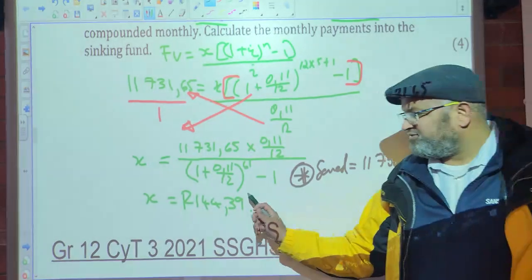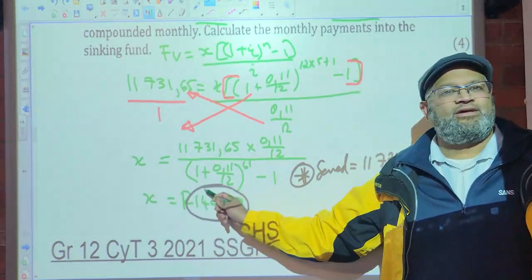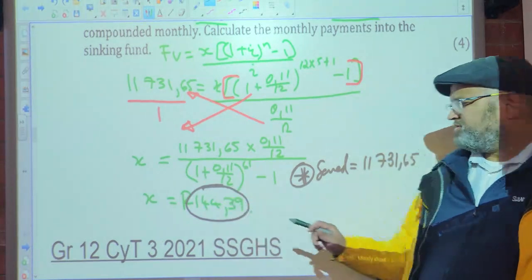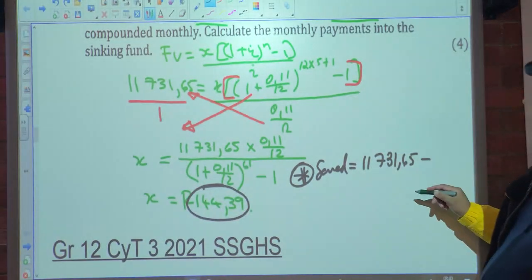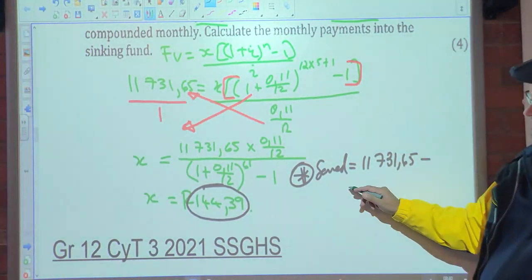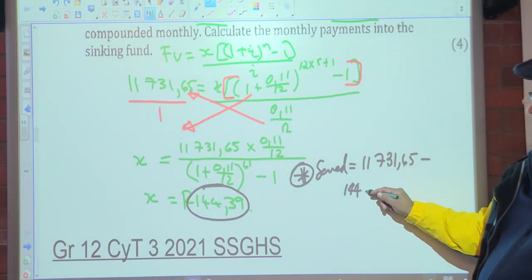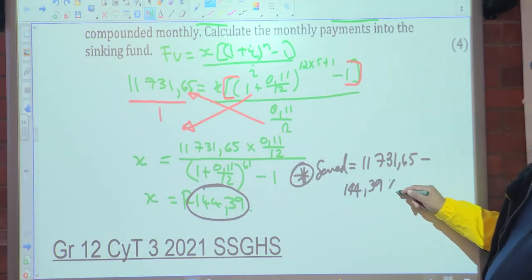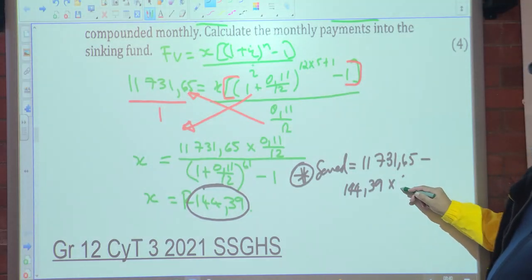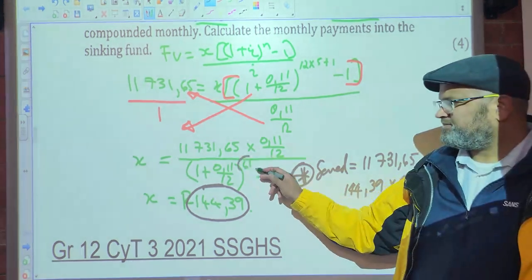But remember, the savings is going to draw in interest, not so. So what we do is we minus whatever amount is paid, which is 144.39. For how many months was that paid? 61 months. Can you see that?